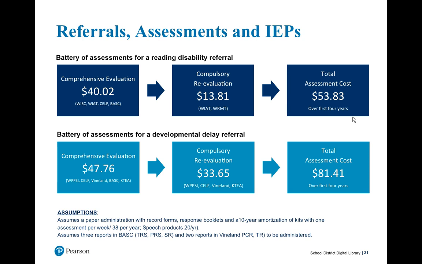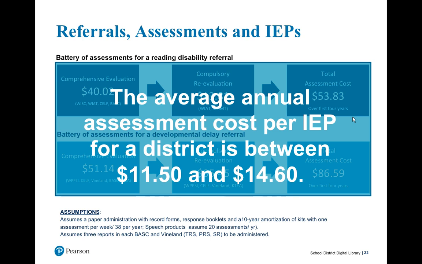We looked at this from the perspective of a customer using just Pearson products, and we looked at it from the perspective of a customer using a mix of products from both Pearson and from other companies. And what we determined was that once you factored in the cost of materials and the kits, it really came down to a cost of anywhere from between $11.50 and $14.60 per IEP.